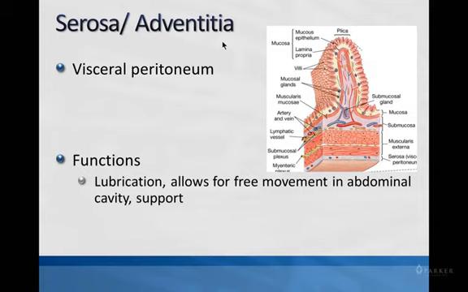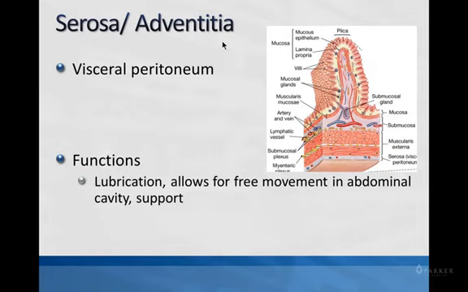The stomach. The lower part of the esophagus is. The upper part of the esophagus is lined by Adventitia, where it's more directly connected, but the lower part of the esophagus has a Serosa. So anywhere you see more of a free movement in the abdominal cavity, it'll be Serosa. That releases serous fluid, allows for lubrication so you don't have any friction.